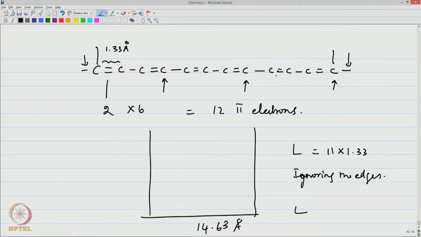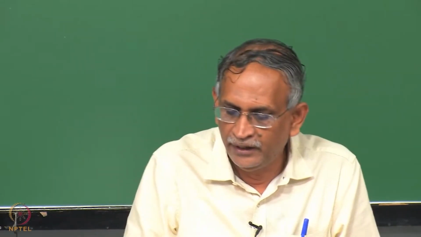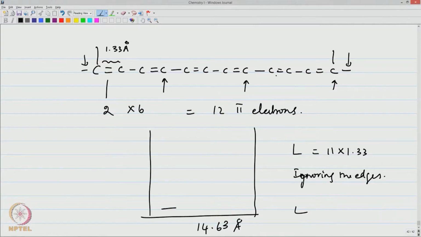You have 12 particles, they do not interact with each other, therefore, we can consider each particle as a particle in the box, and each particle occupies one of the energy levels, n equal to 1, n equal to 2, n equal to 3, n equal to 4, 5, 6 and so on. Now, the problem tells you that at most you can put 2 electrons in one of these energy levels.